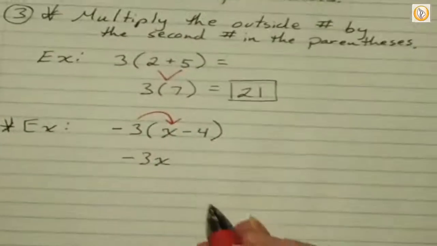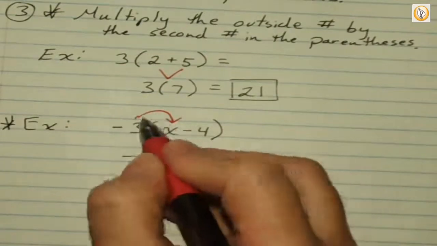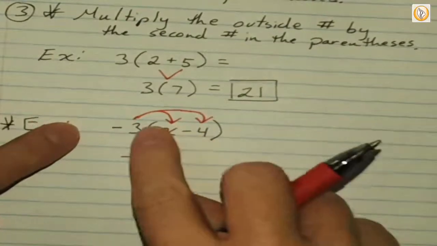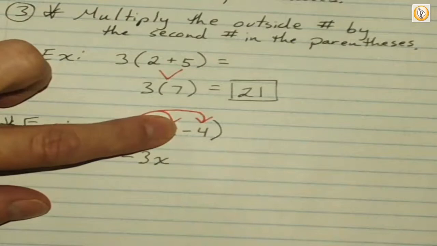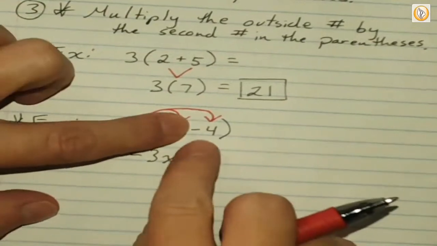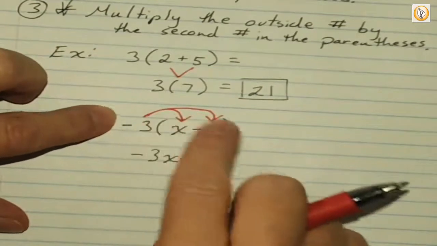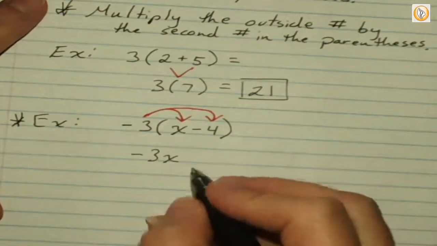So now what is negative 3 times negative 4? Do my arrows. If I'm doing arrows, you're doing arrows. That's a negative 3, and that's a negative 4, correct? So Tanner, what is negative 3 times negative 4? Negative 12, or 12. Very good.